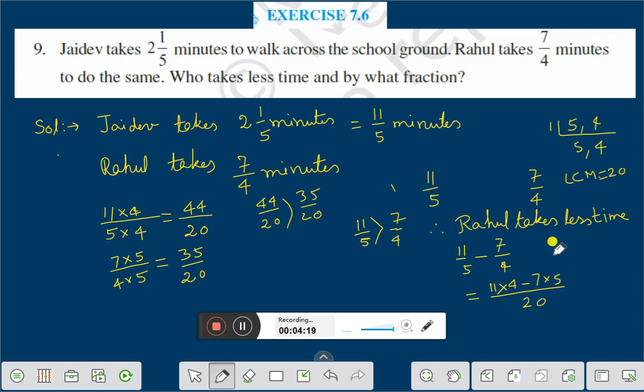Therefore, we are getting 4 11s are 44, 44 minus 35 by 20.